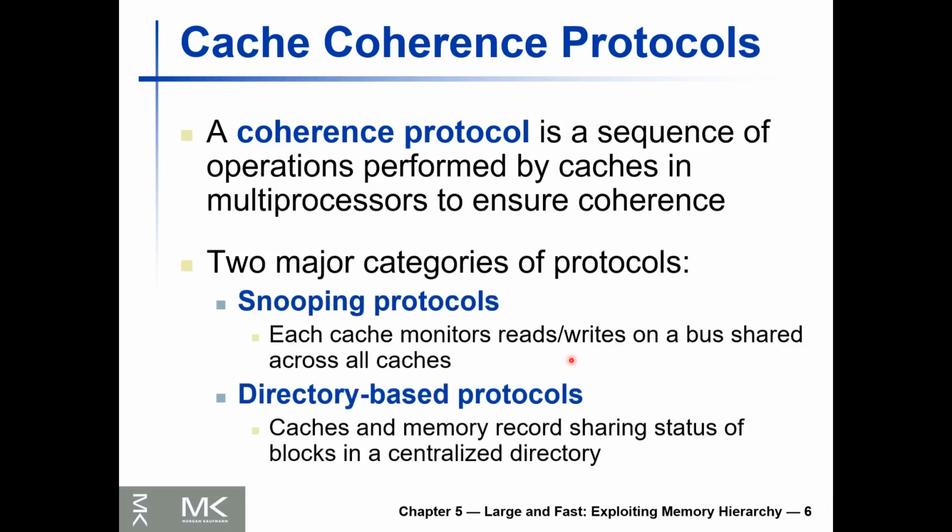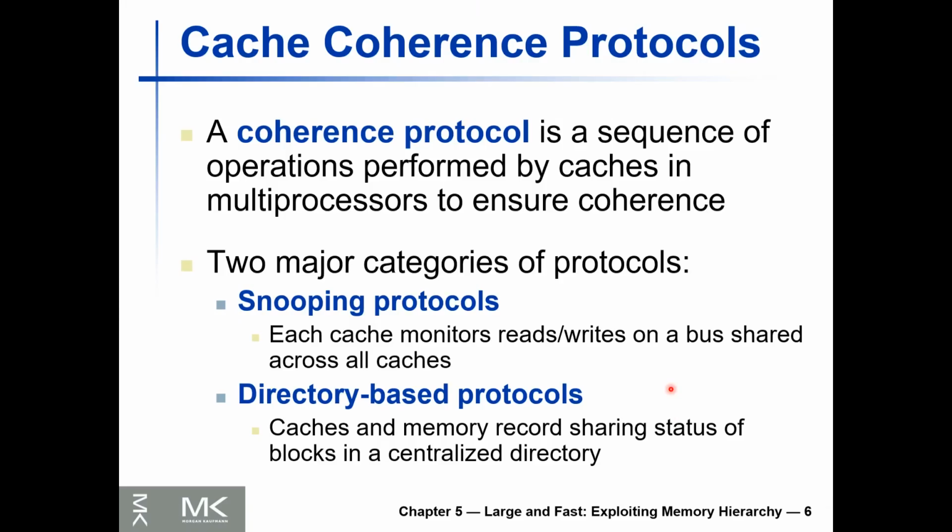There are also directory-based protocols, where you have some kind of centralized directory that's responsible for maintaining coherence, and all the processors communicate with that centralized directory when they do their memory accesses to make sure that the caches are coherent. Is this clear? Any questions?